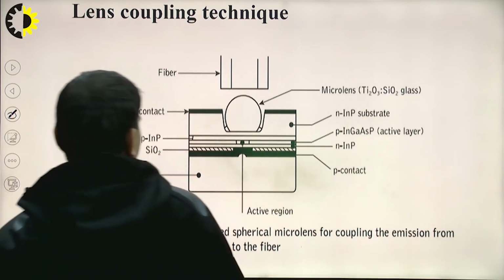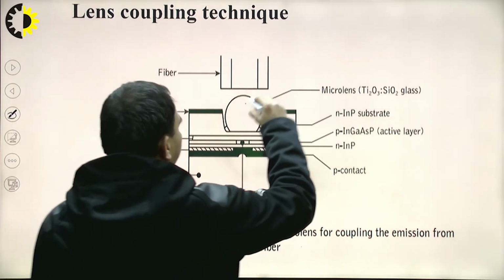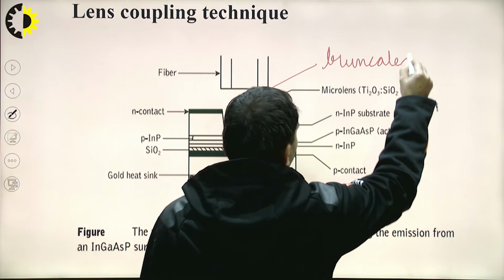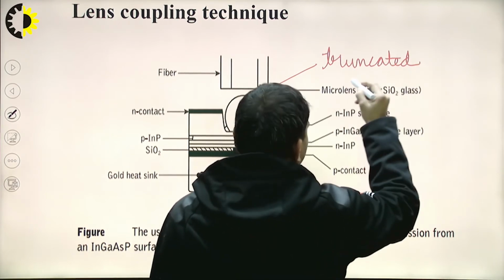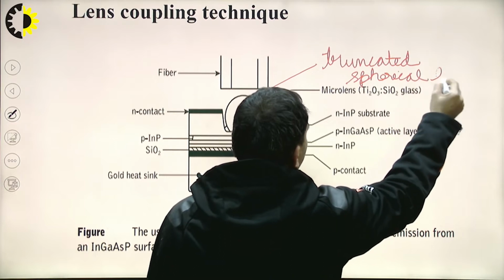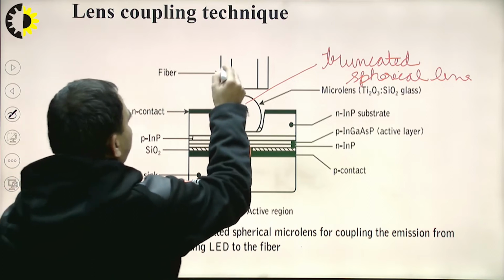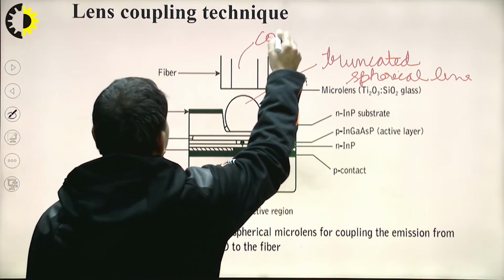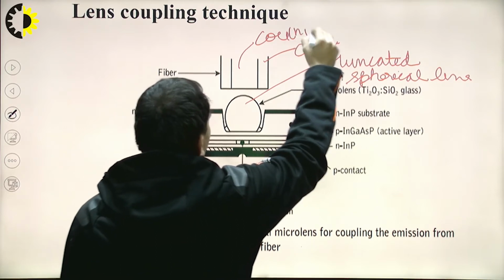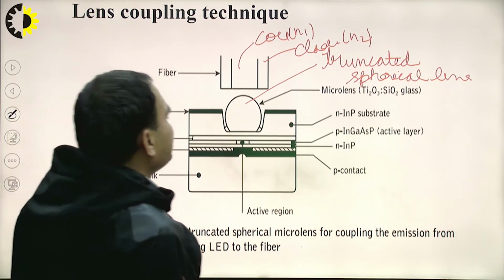In this we are using a truncated spherical lens. This is the truncated spherical lens. In this truncated spherical lens, we are placing our fiber having the core and the cladding with refractive indices N1 and N2, as we have used these notations in our previous lecture as well.